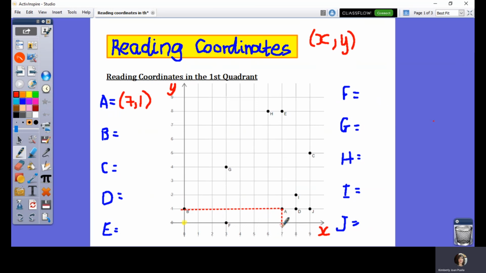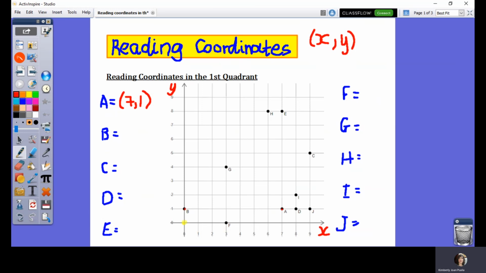So what number is touching my x-axis here? The number 7 is found on the x-axis, and that 7 is the first number. The second number should be taken from the y-axis, and A is touching the 1 here. So the second point, y, is 1. Easy as that. Let us read the other points.